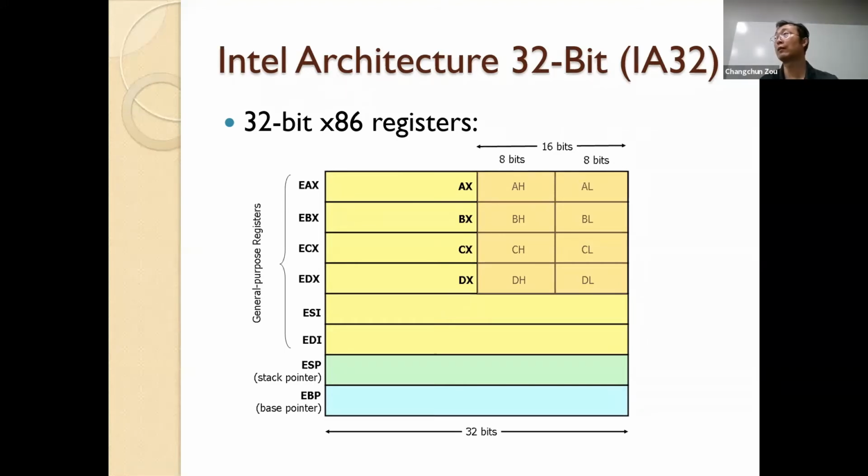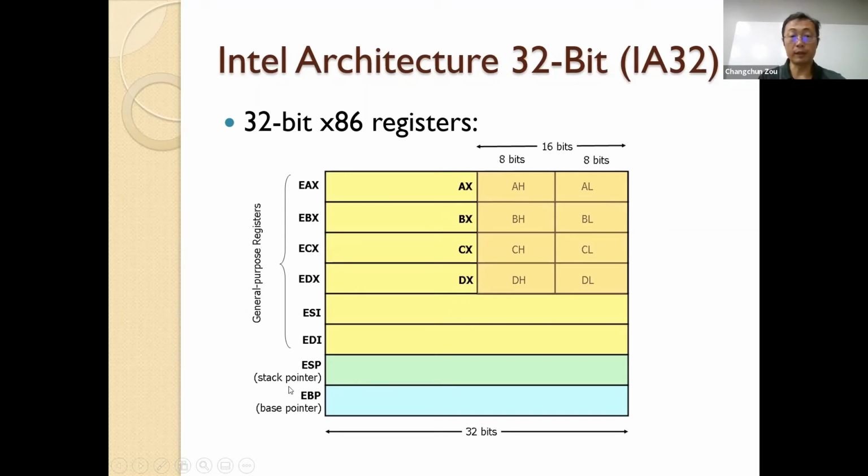You can still run very old programming code on a 32-bit machine. So this is why there are so many names. In current programming languages, you can still use AX, AH, AL in your assembly language to refer to different parts of this common register.